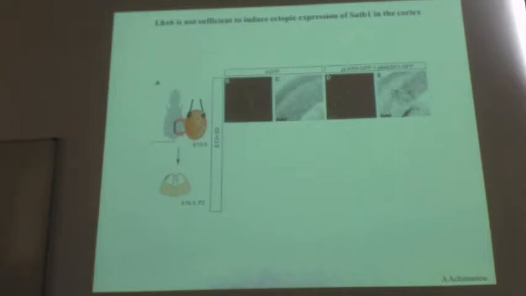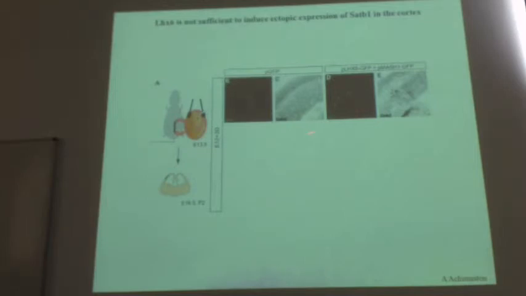To answer this question, we have changed our experimental procedure. We are performing in utero electroporation in cortical progenitors. These cortical progenitors give projection neurons and not interneurons. But when we co-electroporate LHX6 and MASH1, we manage to generate interneurons.